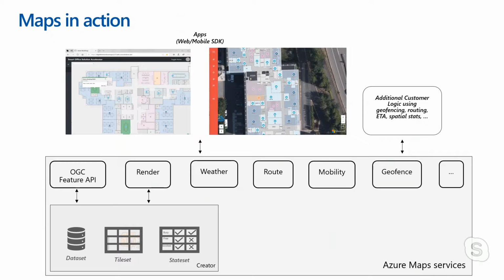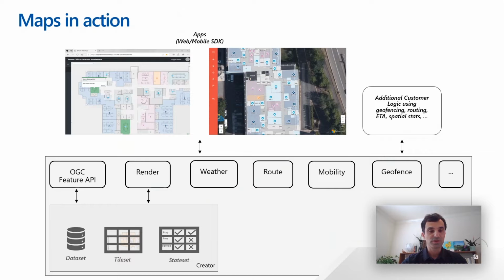And we have added a few interfaces like the OGC Feature API interface, which is an Open Geospatial Consortium standard, which means highly interoperable with many other systems, but also made use of the existing service to expose this additional content. So you don't need to build a new skill set, for example, to create map visualization. You can use the SDK and the render API you are familiar with to actually deliver the same additional augmented experience.